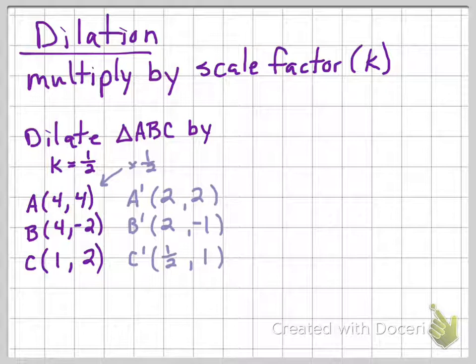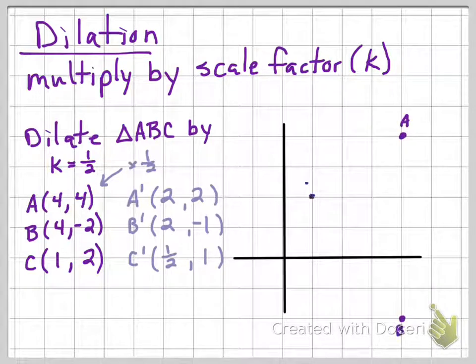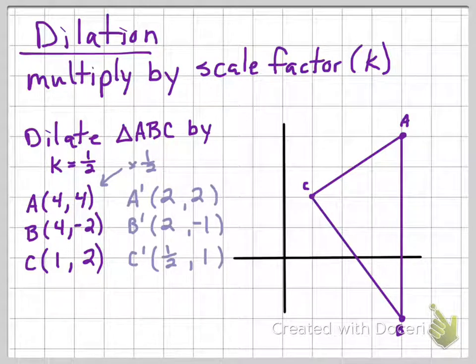Now, I'm going to show you the graph again. So I'm just plotting A, B, and C. And this is my original triangle. Okay. Now, it's a whole lot easier to do dilations using K and all the coordinates and just multiplying.